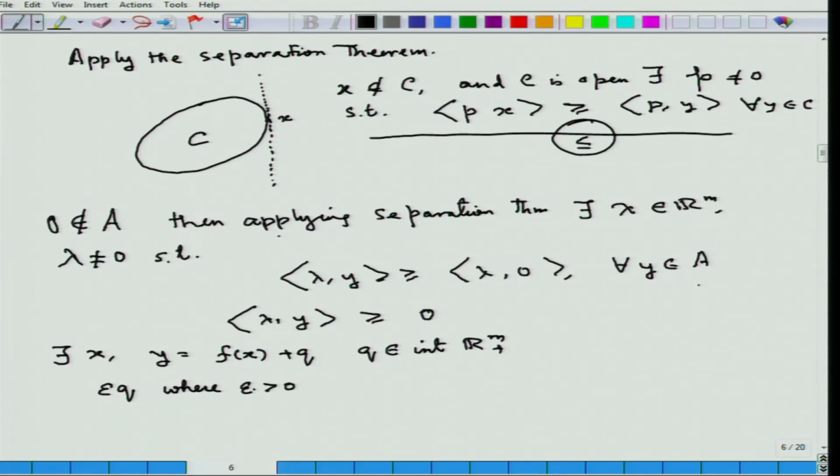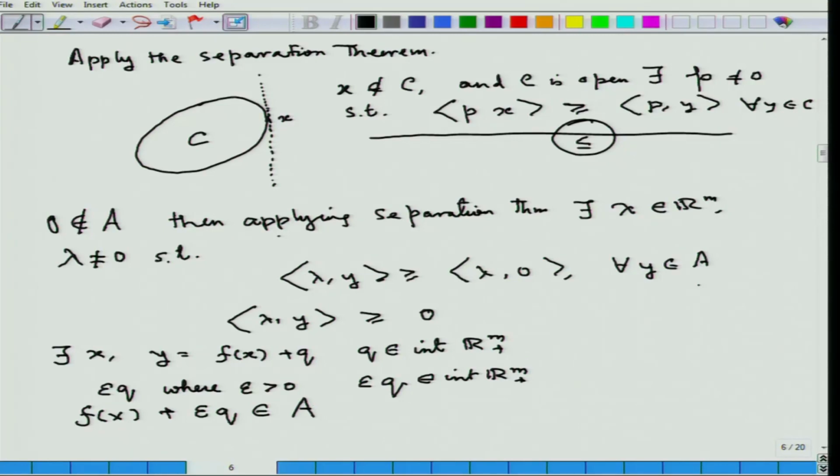Then this epsilon q will also have all its components positive, so this will also be in the interior of R m plus. So, if I construct this element f of x plus epsilon q, then this is also in the set A.